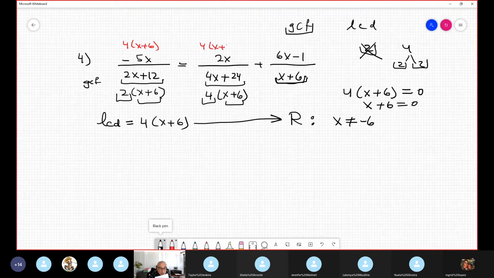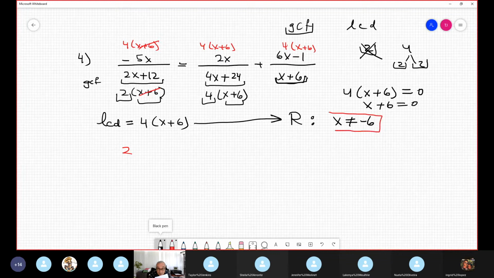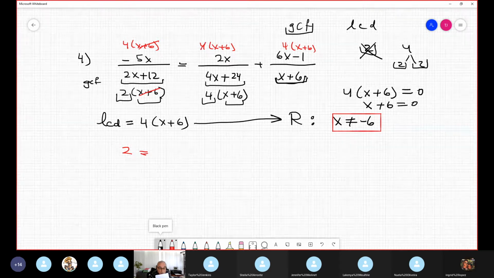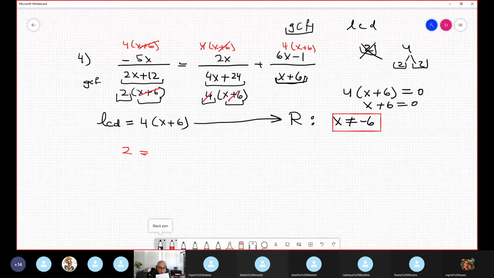What happened? 4 divided by 2 is 2. And x plus 6 over x plus 6, I can cancel under the consideration of this restriction. Okay? Equal. And here, the 4 and 4 are gone. And x plus 6 stays alive, only 2x, no?